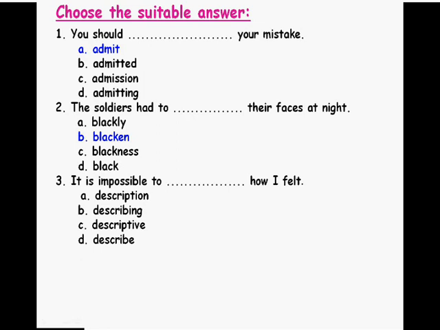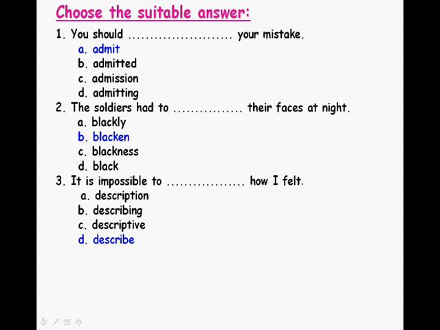Number 3. It is impossible to ___ how I felt. Again, we have to here. So let's choose the suitable answer, the correct word. Is it A, description, B, describing, C, descriptive, and D, describe? Very good. It's describe, because the word describe is the verb.